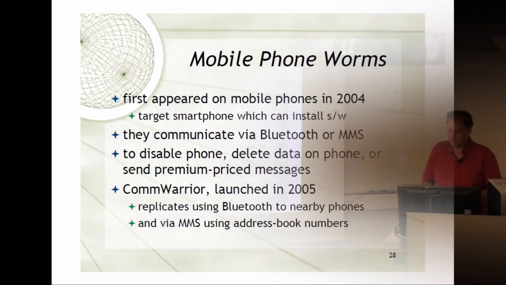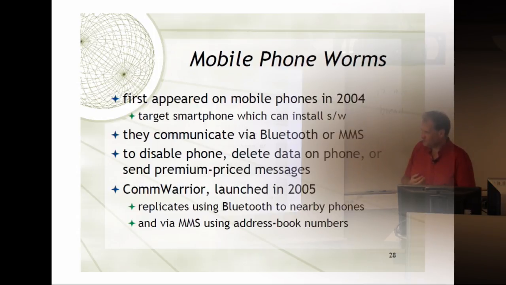We also have worms on mobile systems, and there have not been that many, but there have been a few to try to attack smartphones directly, either through, as you see, the multimedia services, SMS, MMS, or a direct connection with Bluetooth or other communication channels that it has.